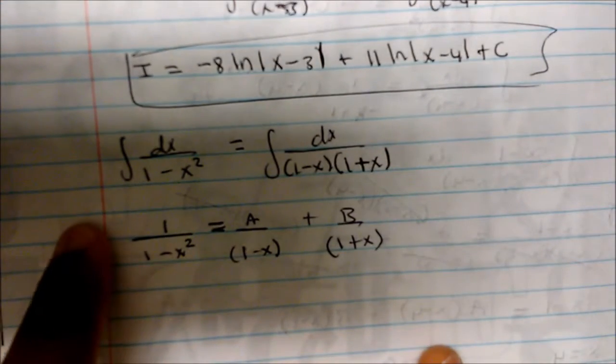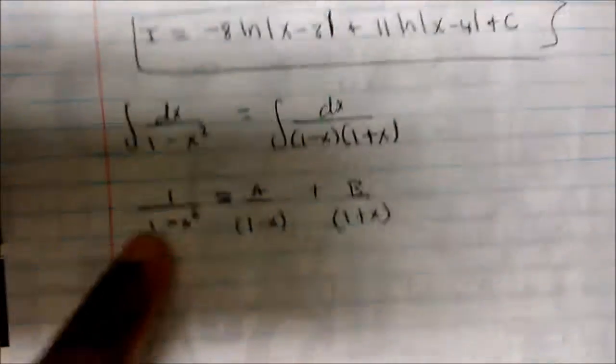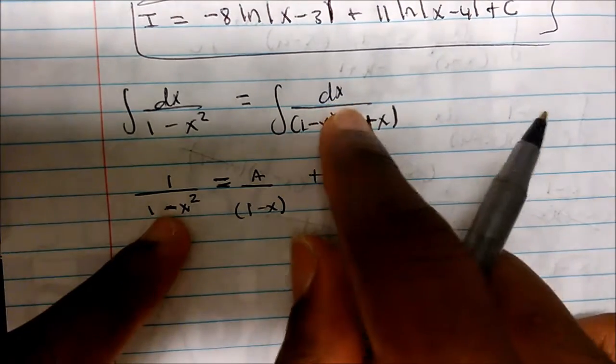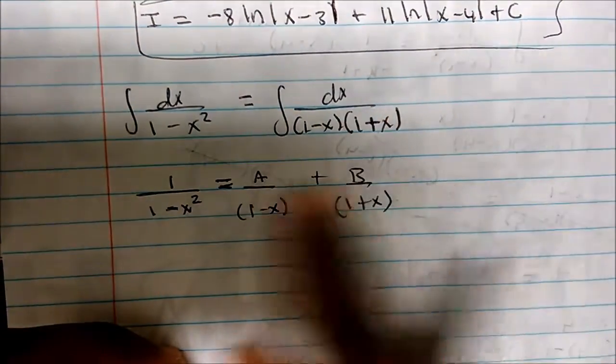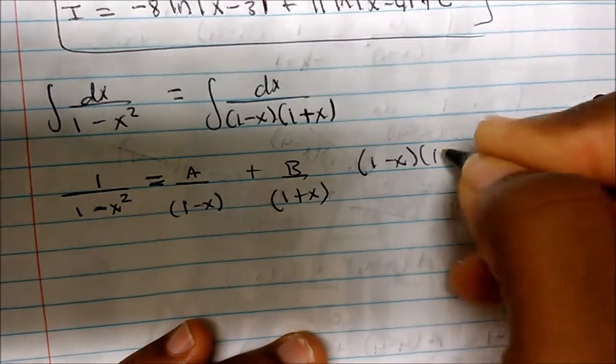Okay. Now, the idea is, remember this is factorable. Okay? So this is essentially this. And so if I multiply by this on both sides of the equation, so 1 minus x times 1 plus x, and this is 1 minus x times 1 plus x.